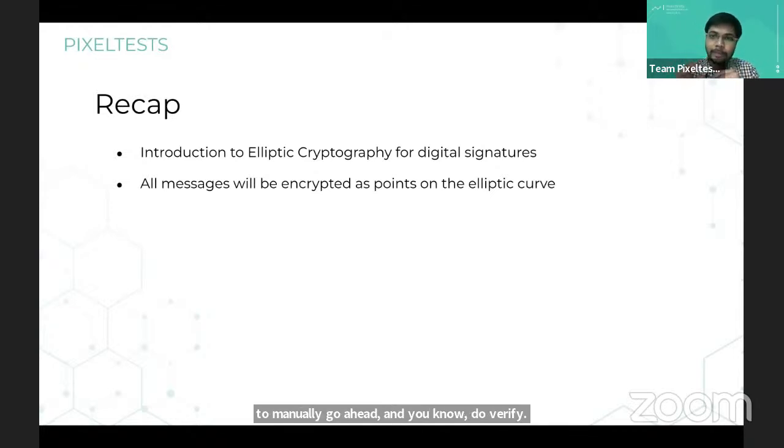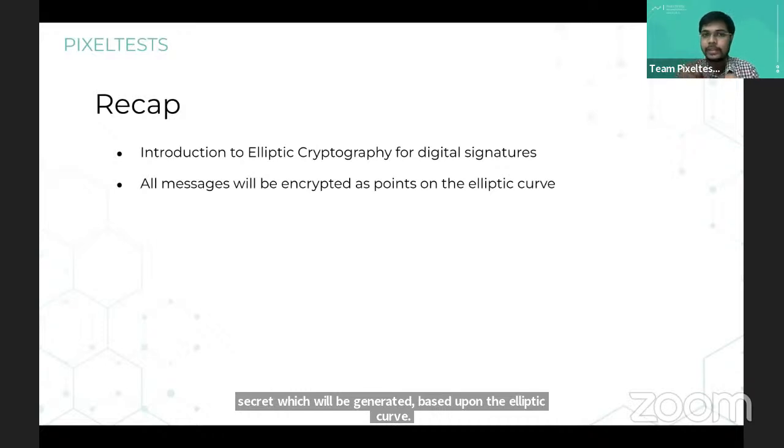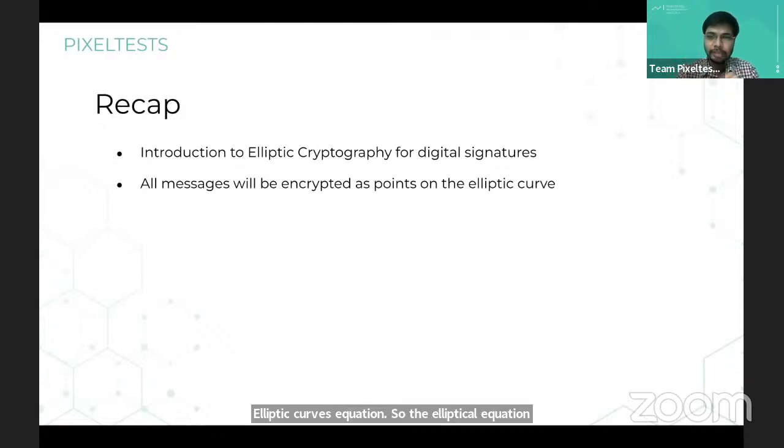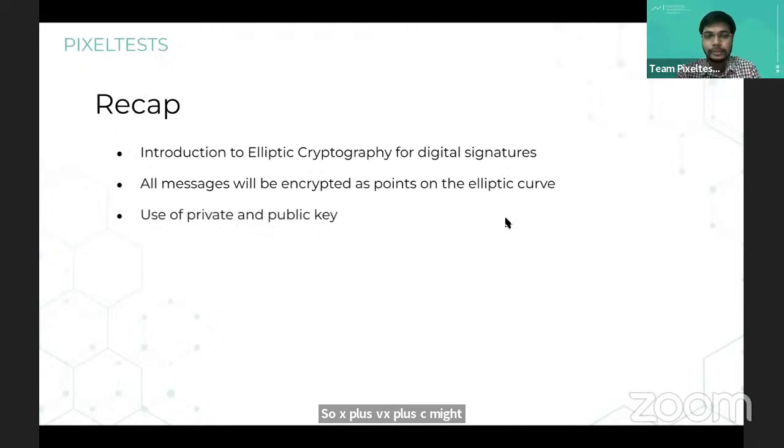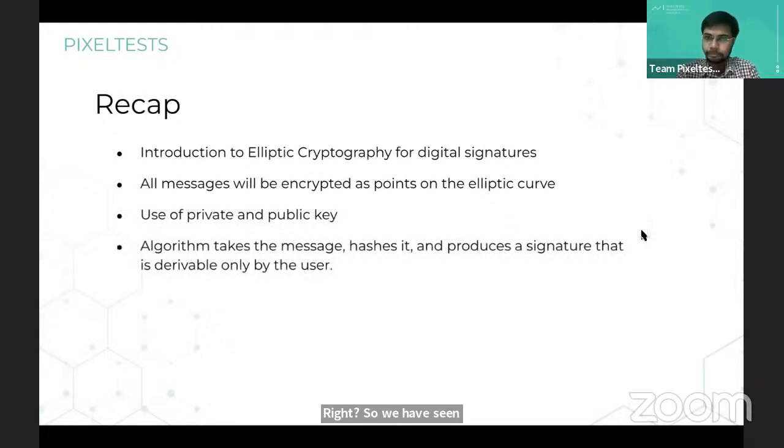Every public key is going to have a corresponding secret which will be generated based upon the elliptic curve equation. The elliptic curve equation was y squared equals x cubed plus bx plus c mod p. We have seen that, and we've also understood the use of private and public keys.